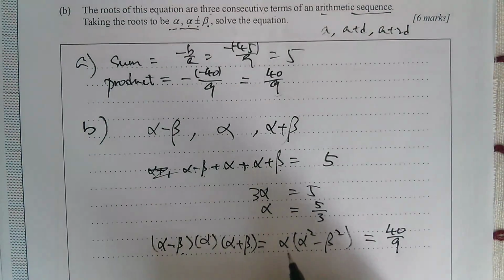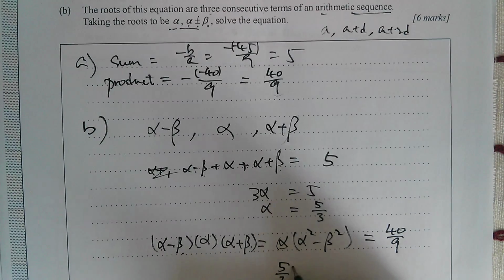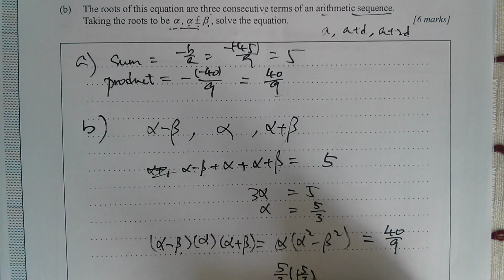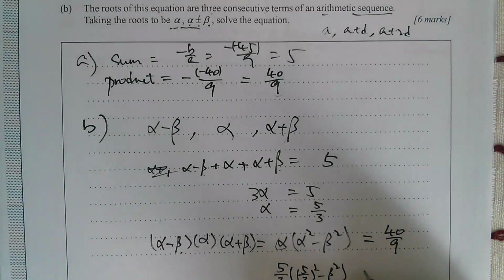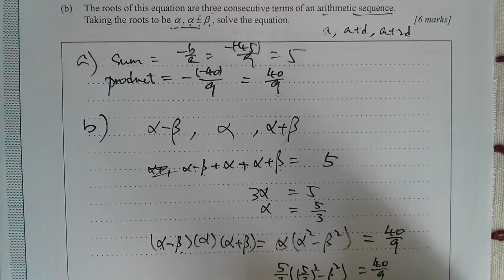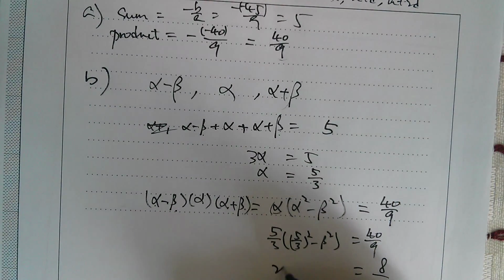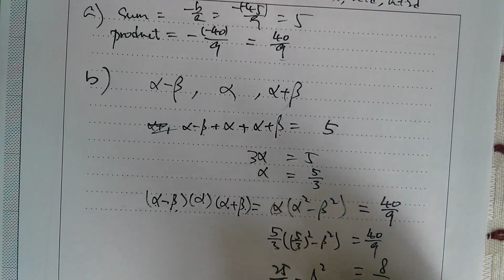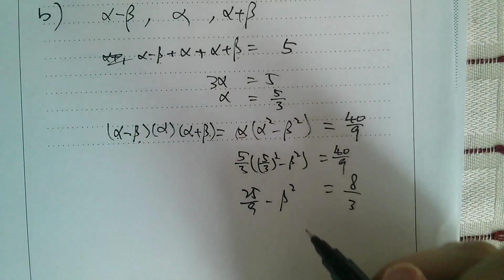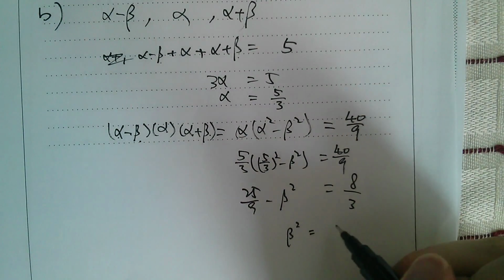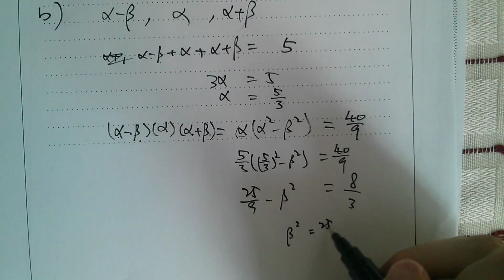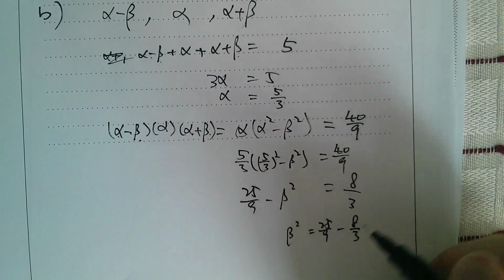But we already knew the value of alpha. So multiplying on this side, it is 25 over 9 minus beta squared. Therefore, beta squared is equal to 25 over 9 minus 8 over 3.